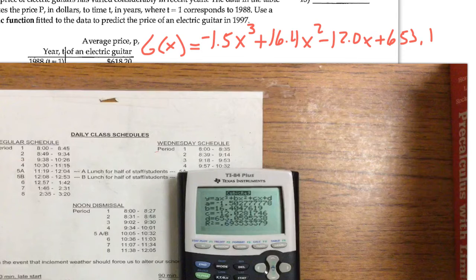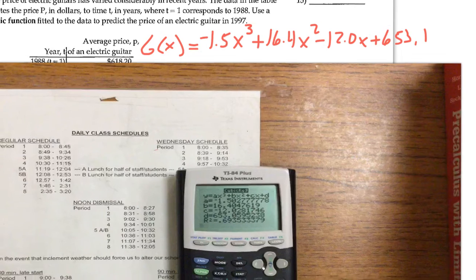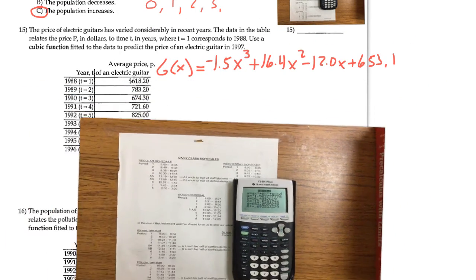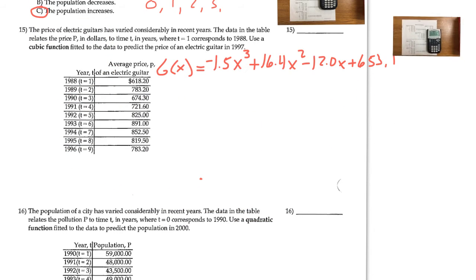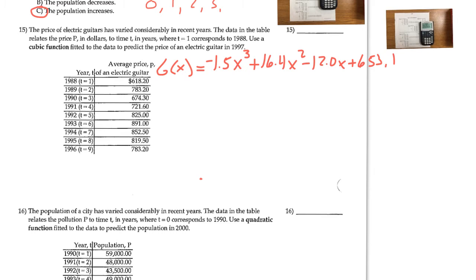Okay, so I have copied from my calculator screen here and created a guitar function, if you will, so that we can use that. It says to predict the price for a guitar in 1997. So we're going to just simply figure out that 1997 would be T is 10.